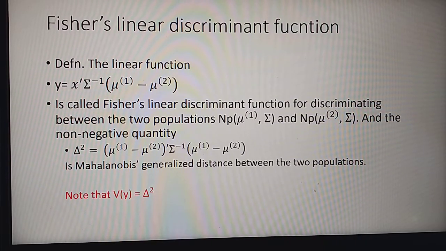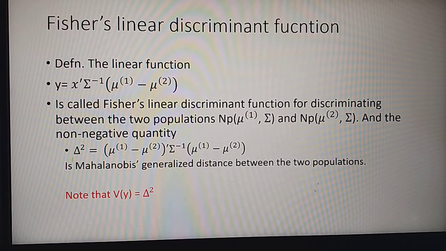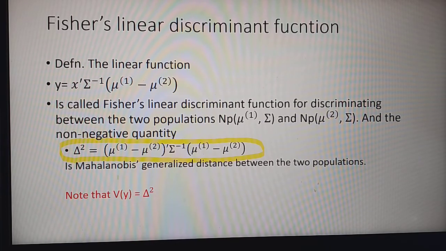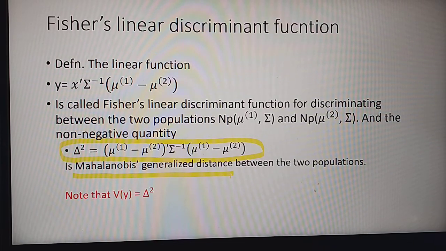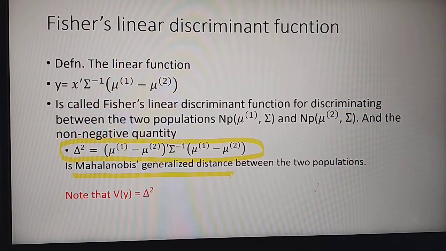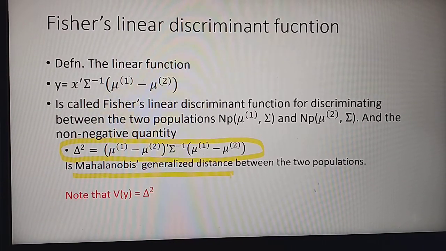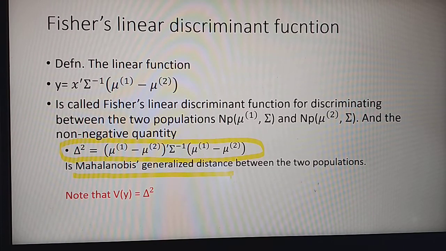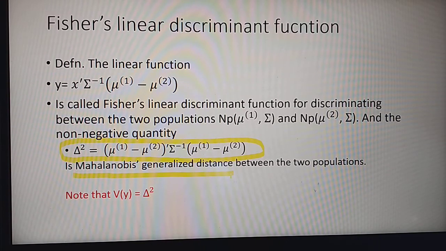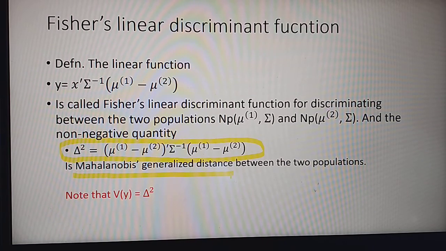And further, the non-negative quantity delta square = (mu1 minus mu2) prime sigma inverse (mu1 minus mu2) is called the Mahalanobis generalized distance between the two populations. You note that in the red line, we know that the variance of y is nothing but delta square. So you can compute the variance of y, that is Fisher's linear discriminant function, and you will see that it is nothing but delta square.